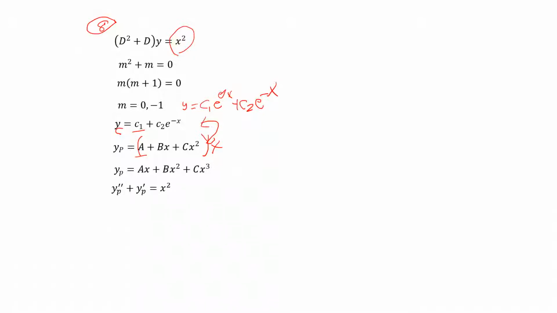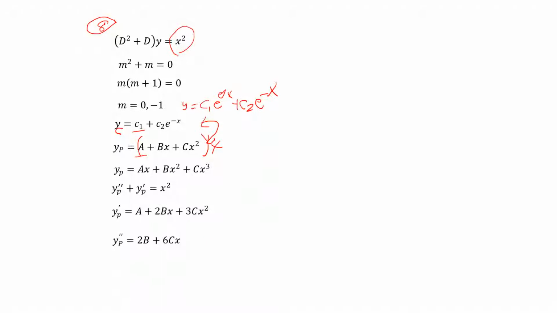Now remember that based on this differential equation here, yp should satisfy the differential equation. Put yp double prime plus yp prime is x squared. And you need yp prime and yp double prime. Okay, now what is your yp prime? Get the first derivative of this. This is a plus 2bx plus 3cx squared. And the second derivative is 2b plus 6cx.